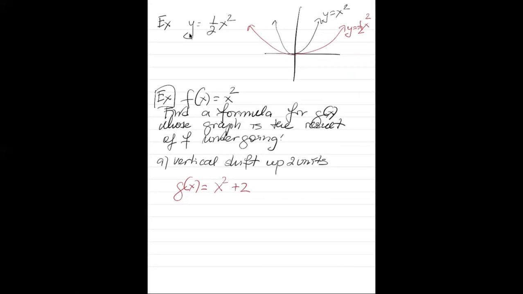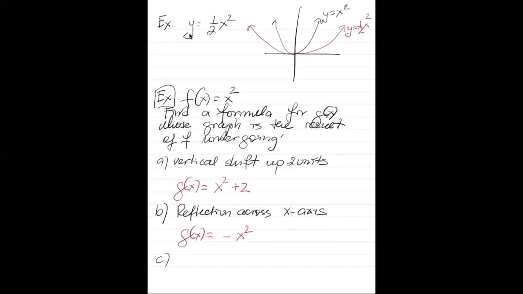That's all. B, reflection across the x-axis. So g of x would be negative x squared, so upside down.